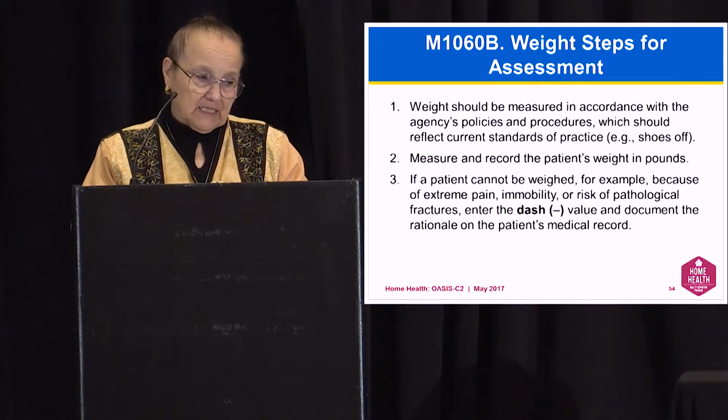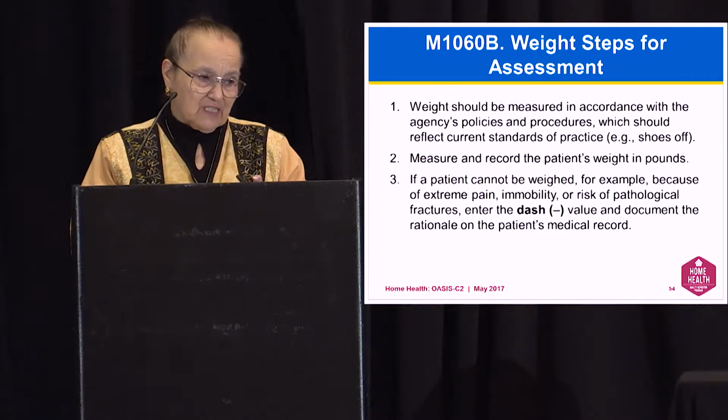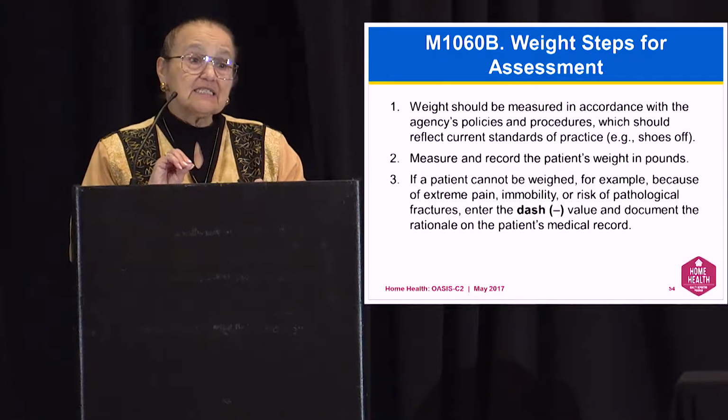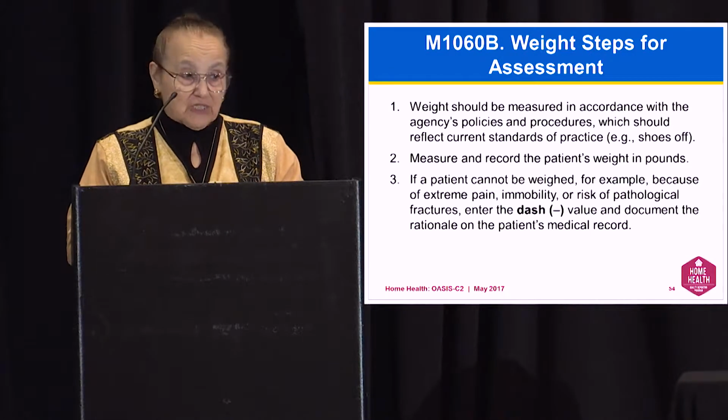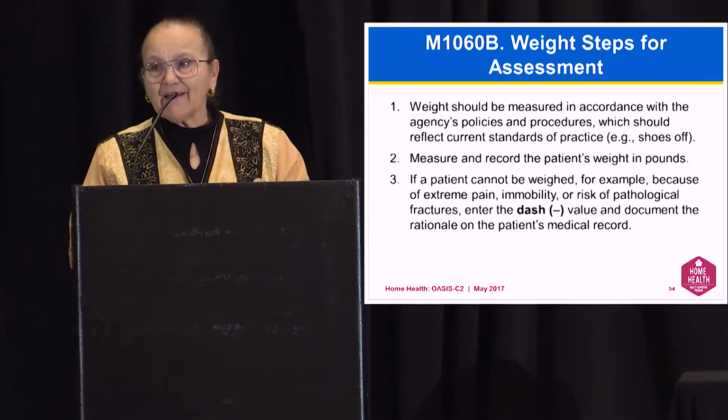And understand if the patient cannot be weighed because of extreme pain, immobility, the risk of pathological fracture, then you may use the dash value and document the rationale in the medical record. You cannot do one without the other.